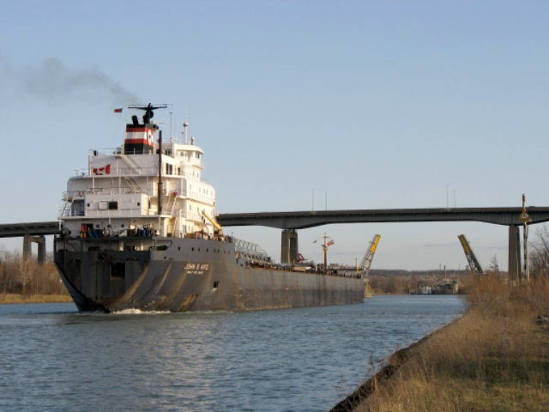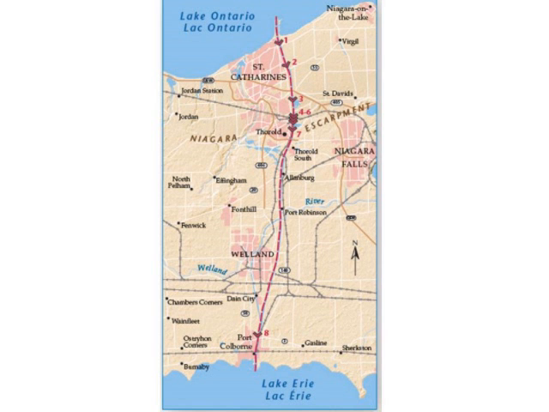The present canal was completed in 1932, deepened in the 1950s as part of the Seaway project, and further straightened in 1973. Today it has eight locks, all Canadian, which lift ships 326 feet over the Niagara Escarpment. That is a big number.